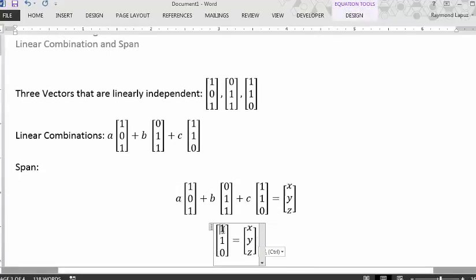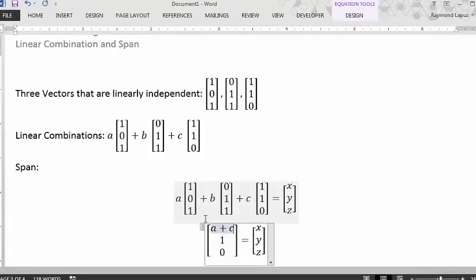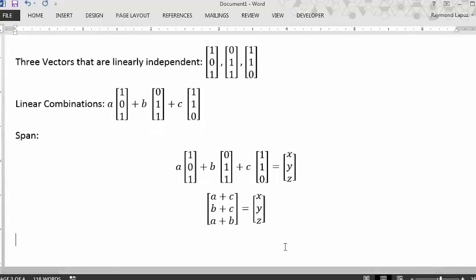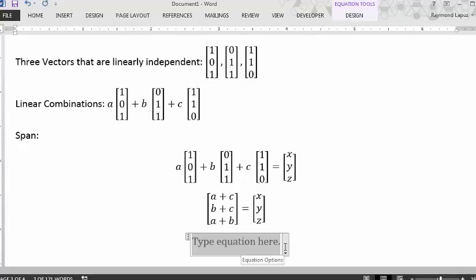And then change this right-hand side where we have a plus 0b plus c. And then we have 0 times a plus b plus c. And then we have a plus b plus 0. So we basically have a system of linear equations that look like this. And we want to know what x and y and z are going to be representing.